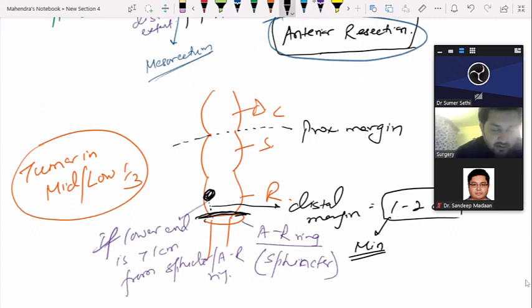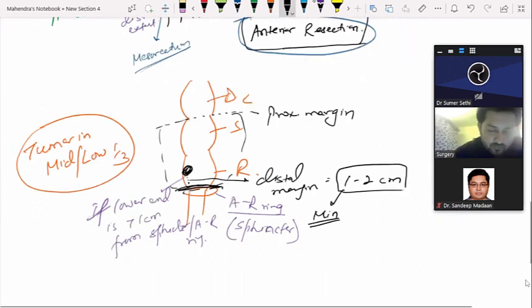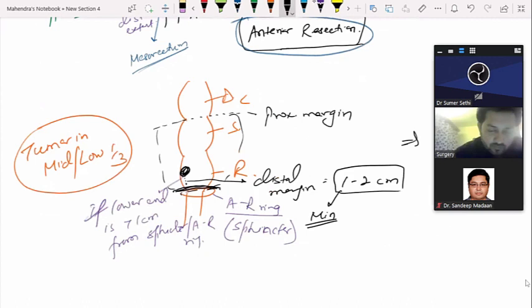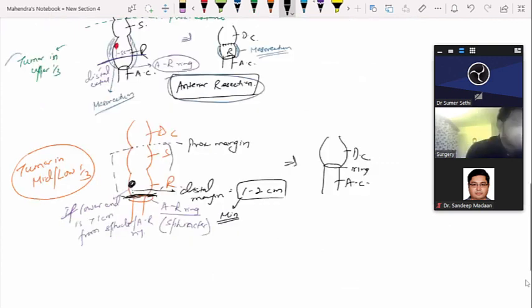You will remove this whole thing, and you can do the anastomosis of the remaining descending colon with this anal canal. Descending colon, anal canal, your ring is intact.